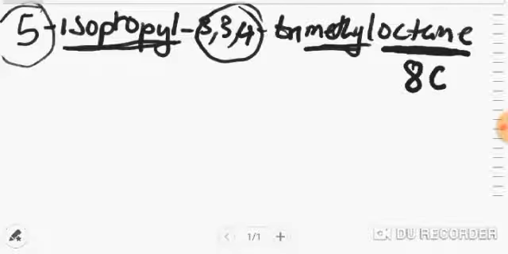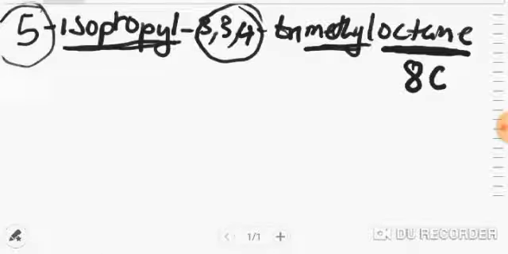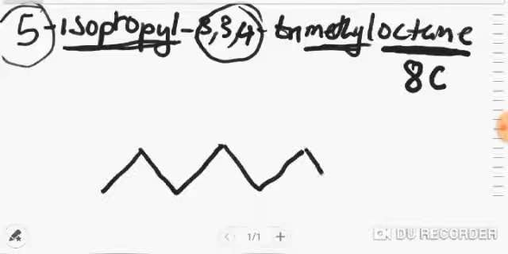So we start by drawing the octane. Let me draw it nicely. I like structures. I'm a bit of an artist, so I like structures. So we have 2, 4, 6, 8, right? So on position number 3, we have methyl, right?